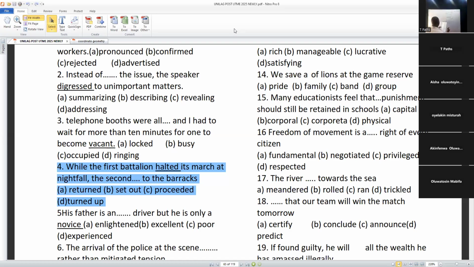B, we have set out. C, we have proceeded. And D, we have turned up.